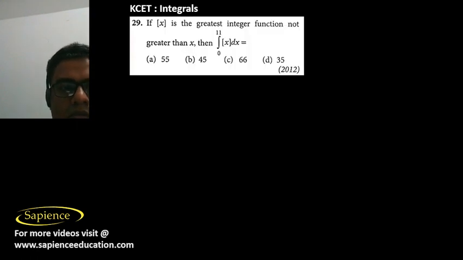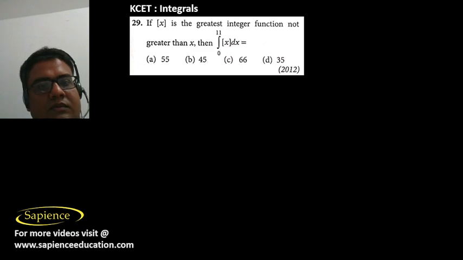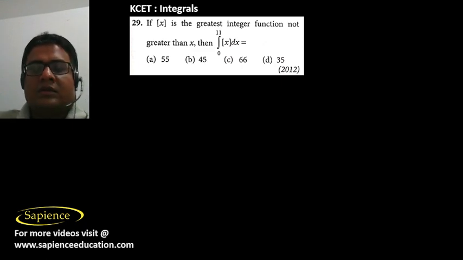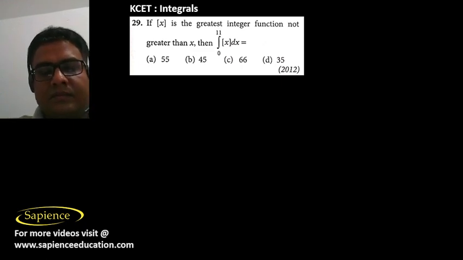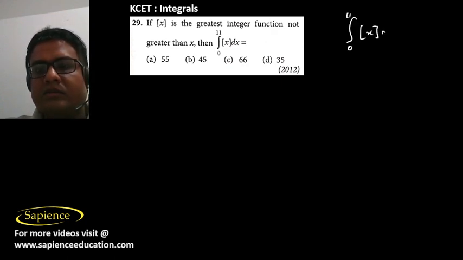Then in question number 29, it is told that if bracket x is the greatest integer function not greater than x, then integral 0 to 11 bracket x dx is how much?